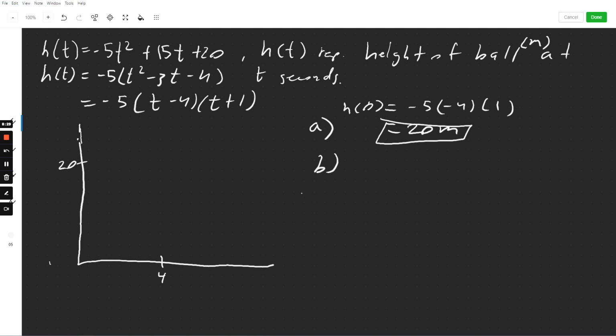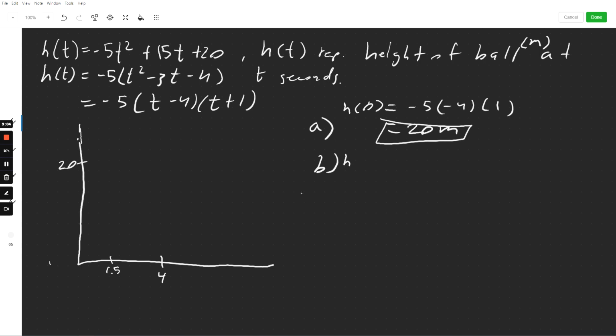To be able to do this, we'd have to find the vertex. So we have 4 and negative 1, so 4 minus negative 1, that'll be 5, divided by 2, that'll be 2.5, so it'll be 1.5 in the middle, around here. Then we have to find the y value at 1.5.